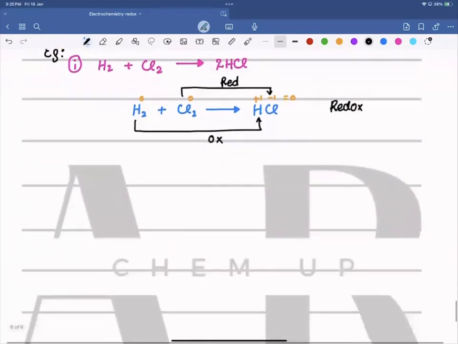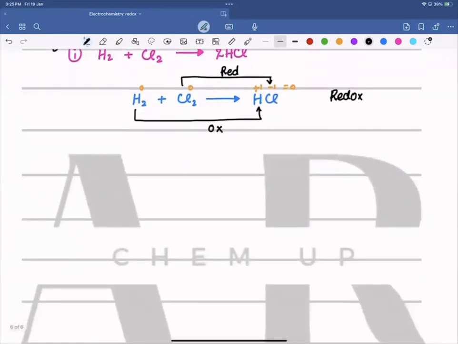Okay. Now, have a look at the second equation.